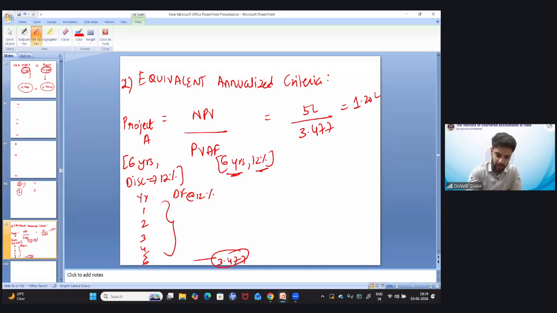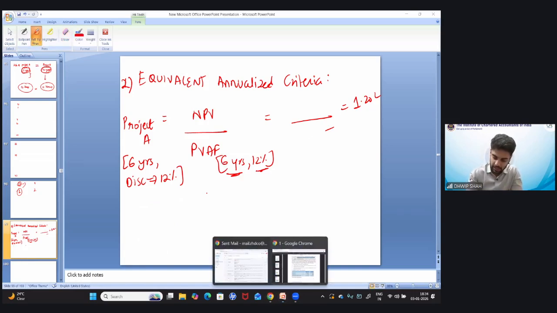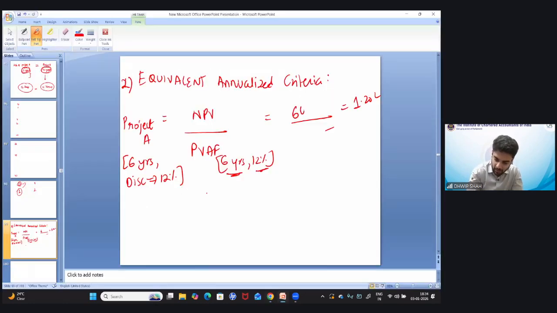Oh, you all calculated exactly 4.144. So let's take the exact figures. All of you have exactly calculated the PVA factor of 12% for 6 years. So project A's NPV, can I say it is 649,094, divided by 4.1114.